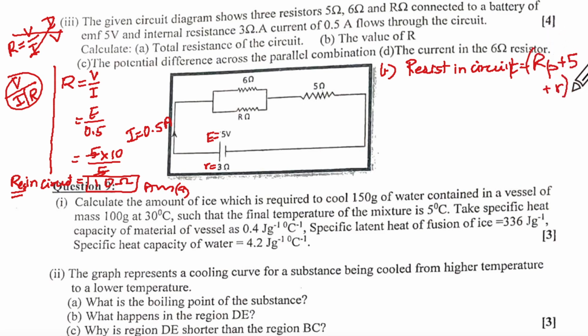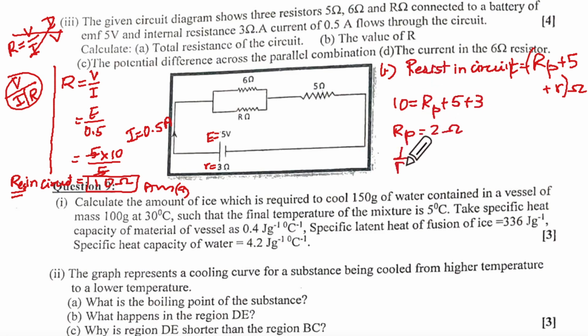Put a bracket and write ohm only once. So the total resistance is 10 equals RP plus 5 plus 3. So RP will be equal to 10 minus 8, which means 2 ohm.